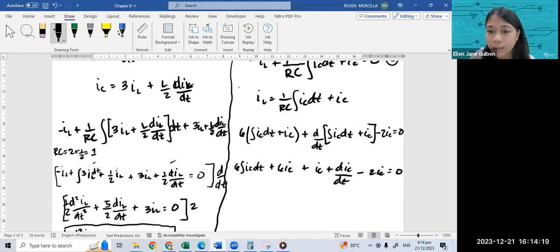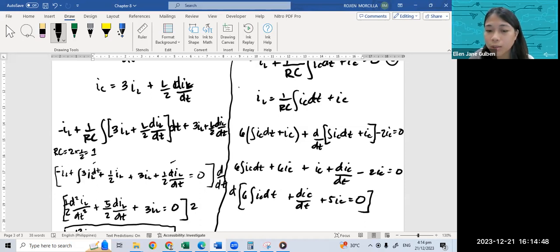So combined like terms, 6, get 5 right here. 6 integral of IC dt plus DIC dt, 7 minus 2, 5 IC equal to 0.